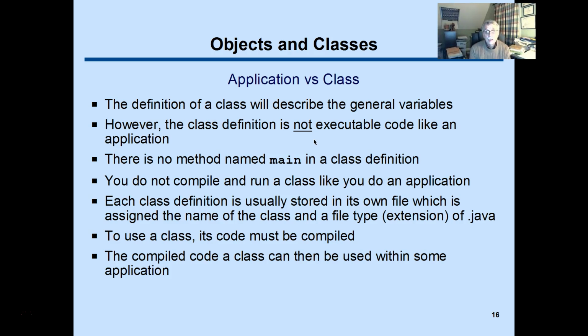I can compile it because it has code within it, but I cannot directly run it. I need some kind of a driver mechanism to invoke the methods within that class and hence within the objects that are instantiated. And that's going to be something we'll clarify as we go along here.